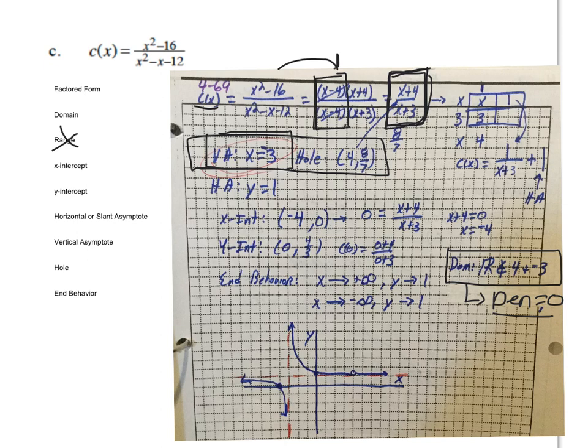The factor that I crossed off gives rise to the hole. So my x is going to be 4. The y value for the hole comes from plugging 4 into the simplified factored form. If I plug 4 in there, I get 4 plus 4, which is 8, over 4 plus 3, which is 7. So my hole is going to be at (4, 8/7).